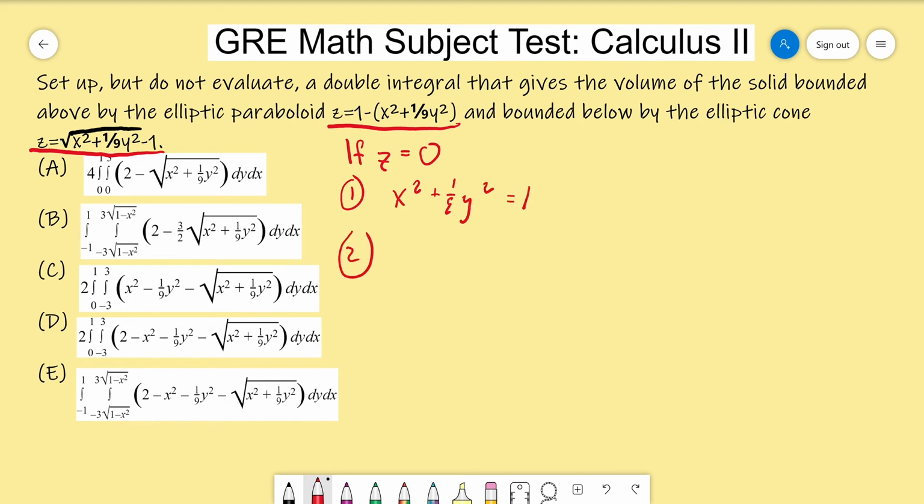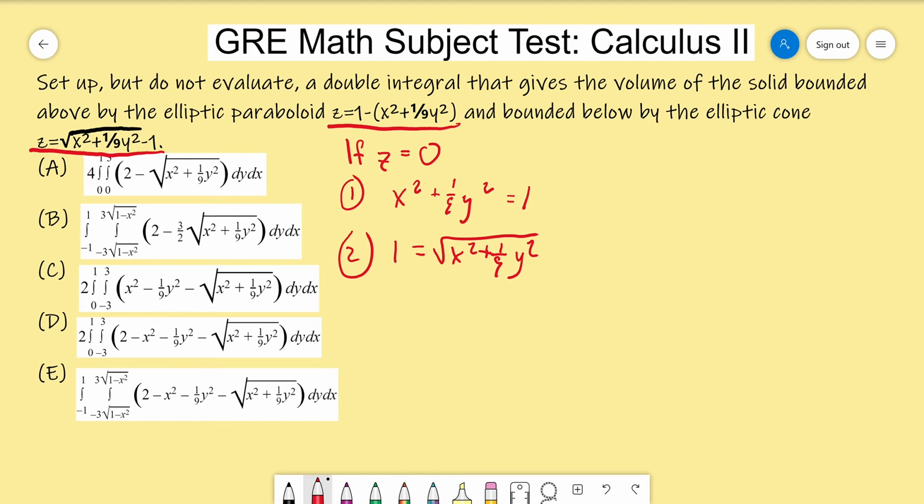And the second surface can be represented by 1 equals square root of x squared plus 1/9 y squared, which if you square both sides gives you x squared plus 1/9 y squared equals 1. So this is the same thing.